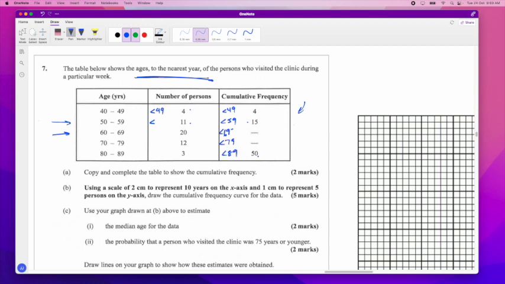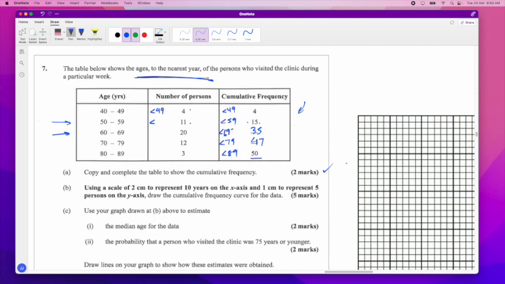Well, we could see that the cumulative frequency gives us the total, so it's really 50 people in all, right? So what I would need to do is take this 15 and add it to the 20. So 15 plus 20 is 35 over here. And I would have to take the 35 and add it to the 12, and that would give us 47 over here, and then 47 plus 3 will give us the 50 there, so we know that we're okay with that.